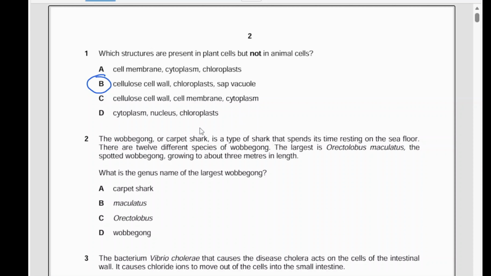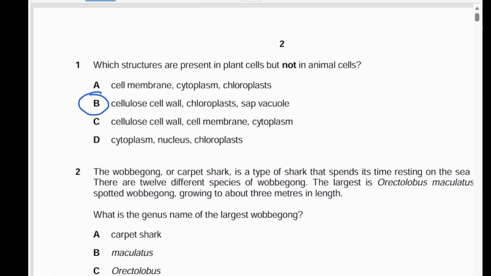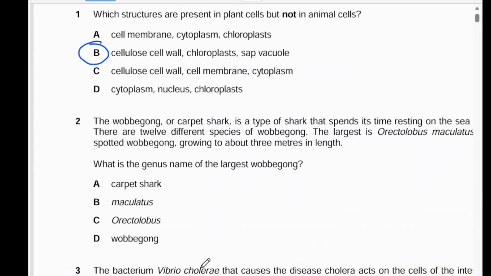Correct. Okay. The wobbegong or carpet shark is a type of shark that spends its time resting on the seafloor. There are 12 different species of this shark, and the largest is this. What is the genus name? So, in a binomial system, we have two names.